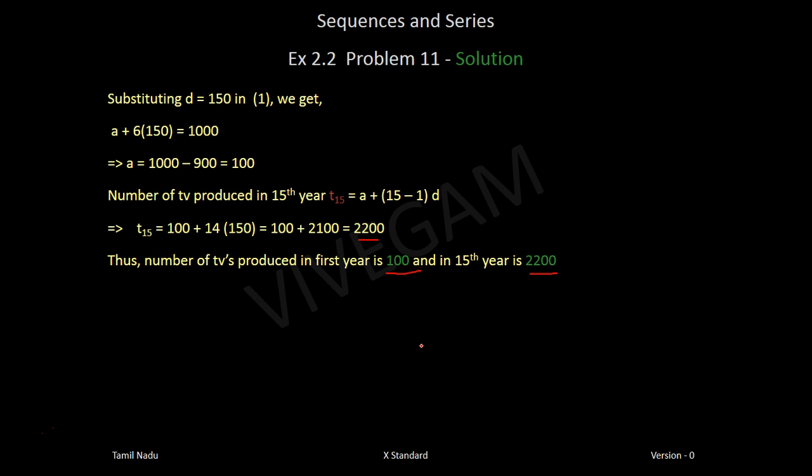So you develop two equations using the formula Tn equal to A plus n minus 1 into D. Get two equations in A and D. Solve them, get the values of A and D. Once you get A and D, the 15th term can be easily calculated by substituting the values of A and D in the equation Tn equal to A plus n minus 1 into D. Okay, that's all it is.